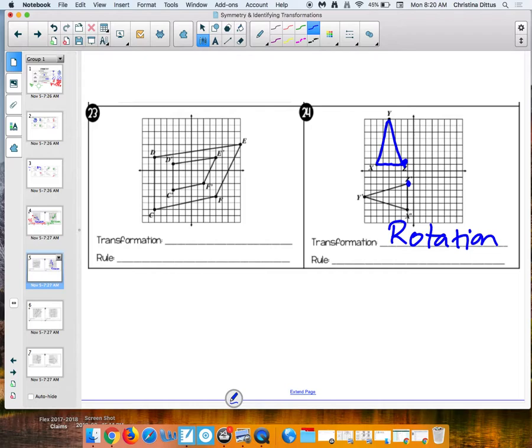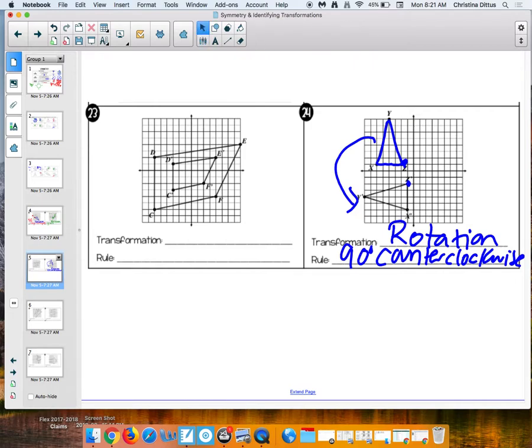How many degrees do you think I rotated it? 90. If I go 90 this way, is that clockwise or counterclockwise? Counterclockwise. Or you can write 270 clockwise.